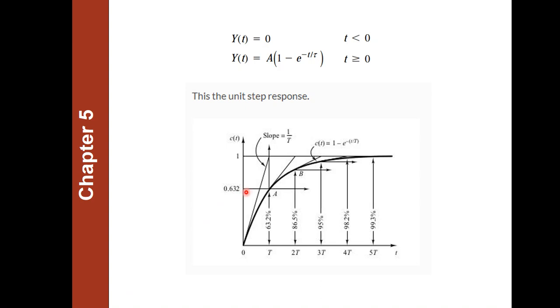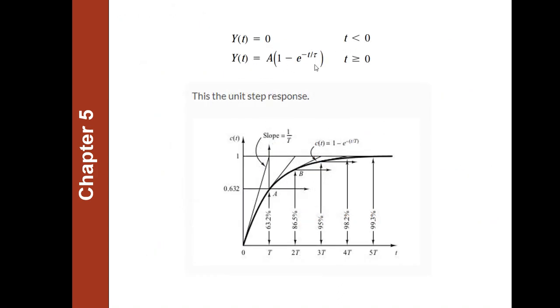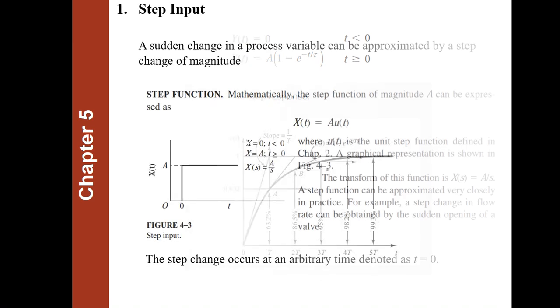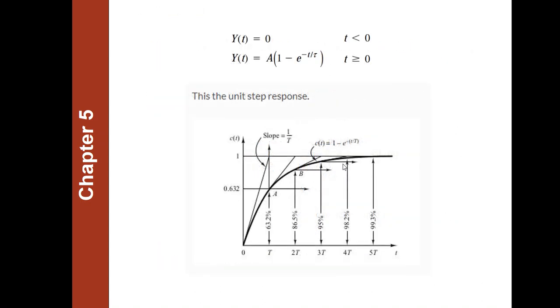So again, for a step forcing function, this is our forcing function equation. This is our Laplace transform. The response is this. So it's a generic representation of the response in the same way that this is also a generic representation of the forcing function. So that's when we speak of the step input.